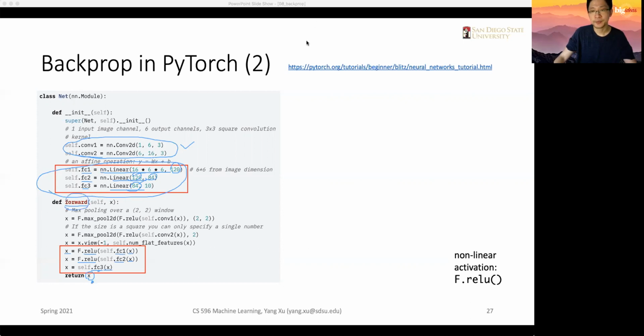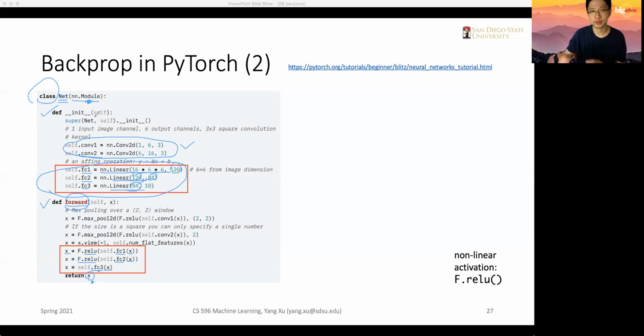Okay, so this kind of style of writing code to define models is very common in PyTorch. It's basically defining a class with whatever name you want, and then the class should inherit from this nn.Module. That is the important step, and you need to rewrite the forward function and also the constructor function here.